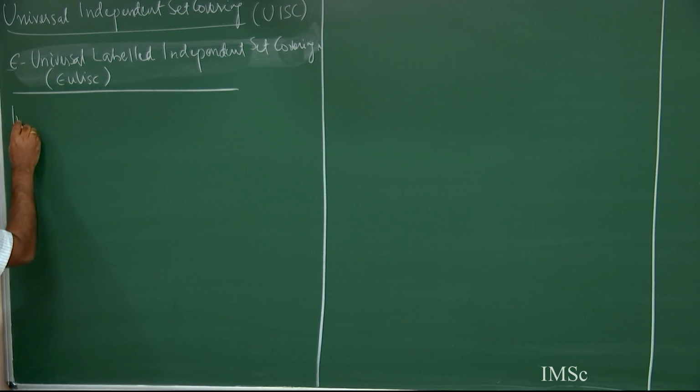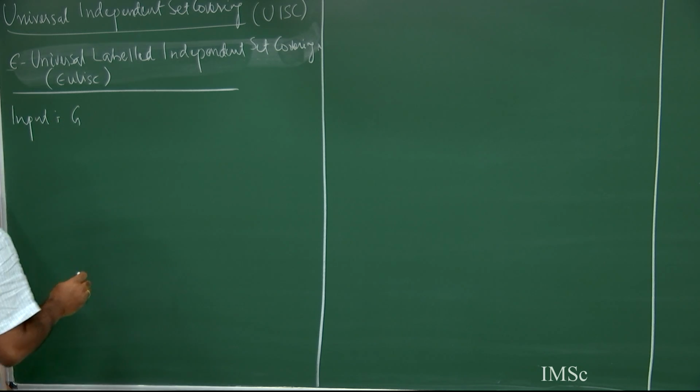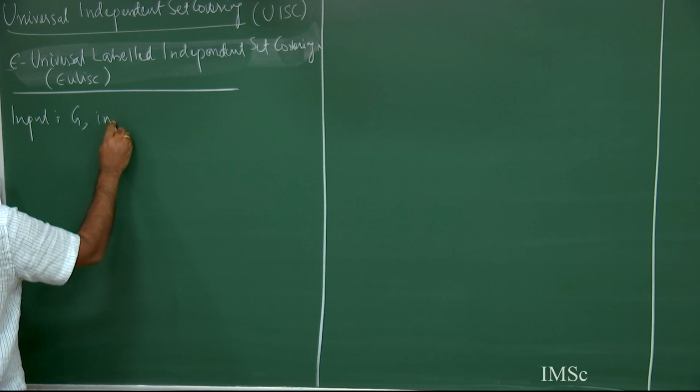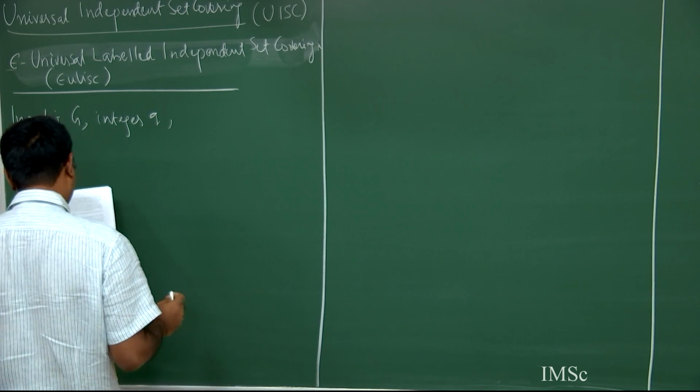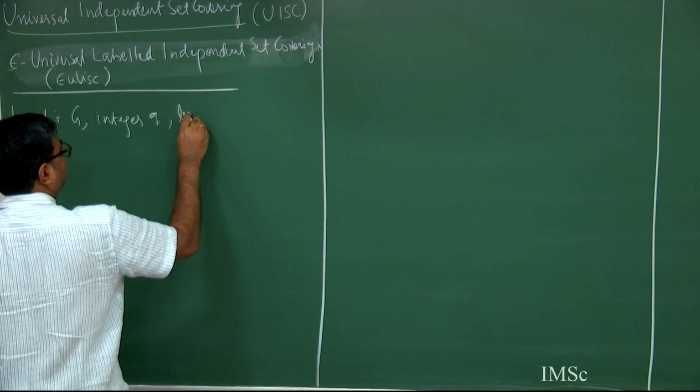So what is this? What does it take? It takes as an input a graph G, an integer Q, and a labeling function or a coloring function, whatever you want to call it.